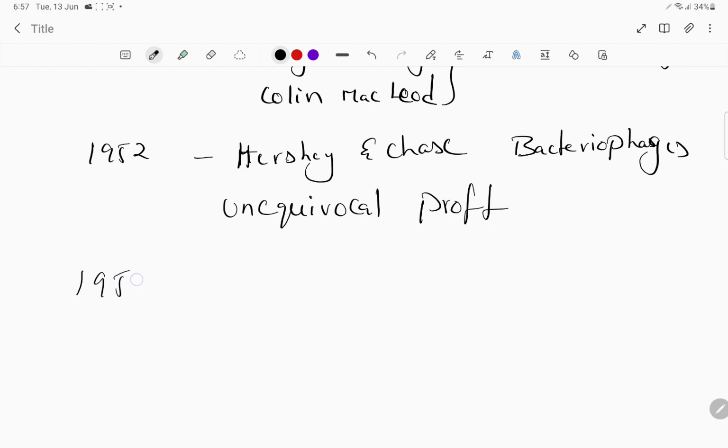So that's why in 1953, Watson and Crick gave the double helical model of DNA with the X-ray diffraction data of Rosalind Franklin and Wilkins.